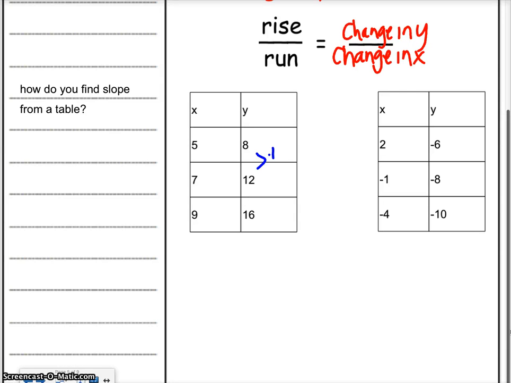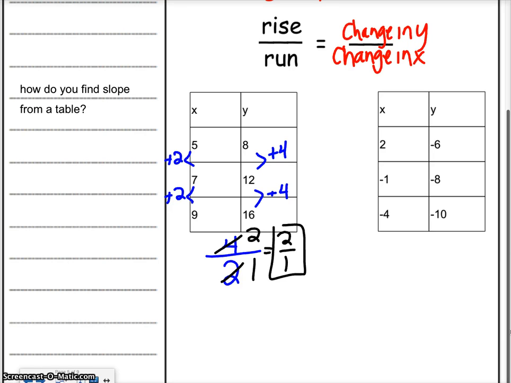Looks like my y changed by plussing 4, plussing 4. My x changed by plussing 2, by plussing 2. So my slope is my change in y, which is 4, over my change in x, which is 2. And you better simplify that. 2 over 1. That's my slope.